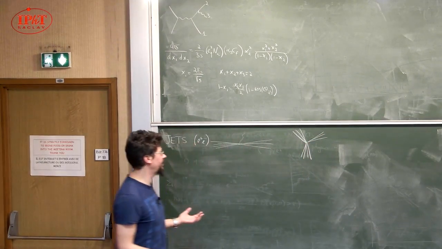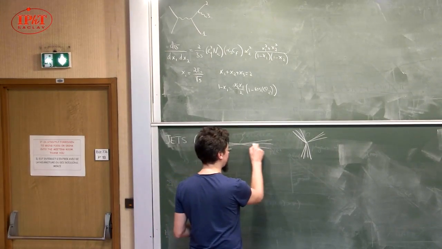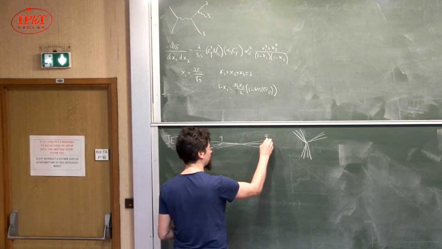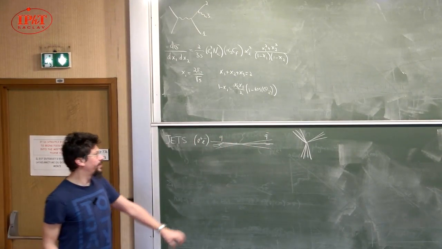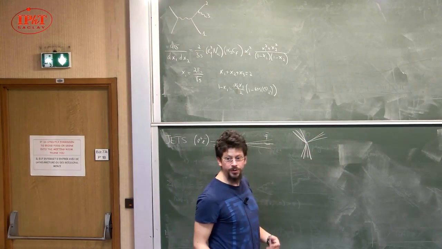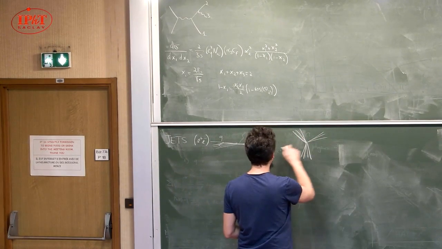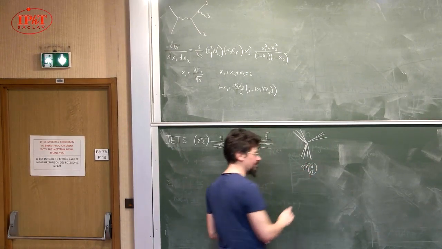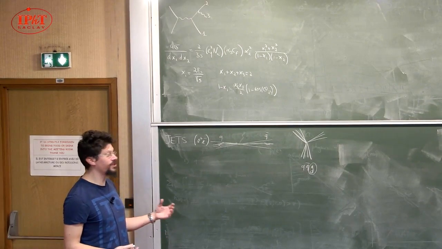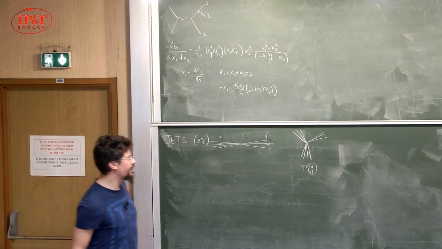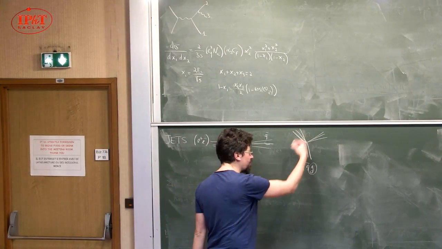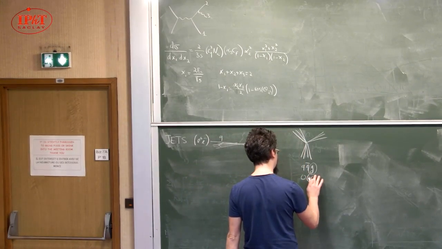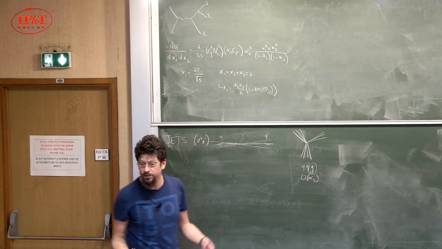And typically, while in this case you would expect these directions to correspond to the quark and antiquark in your event, this would typically correspond to rare occasions where on top of the quark and antiquark you would have an extra hard gluon, so a gluon which is neither soft nor collinear, which would be radiated at large angles. And so typically this would happen at a rate of order alpha s.